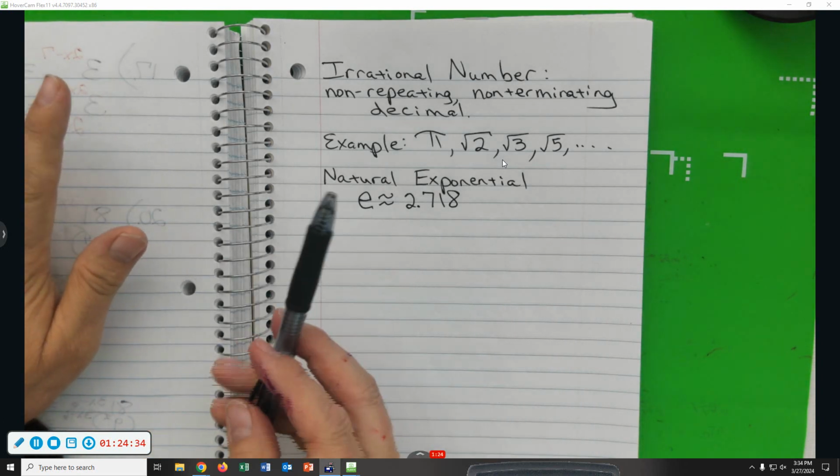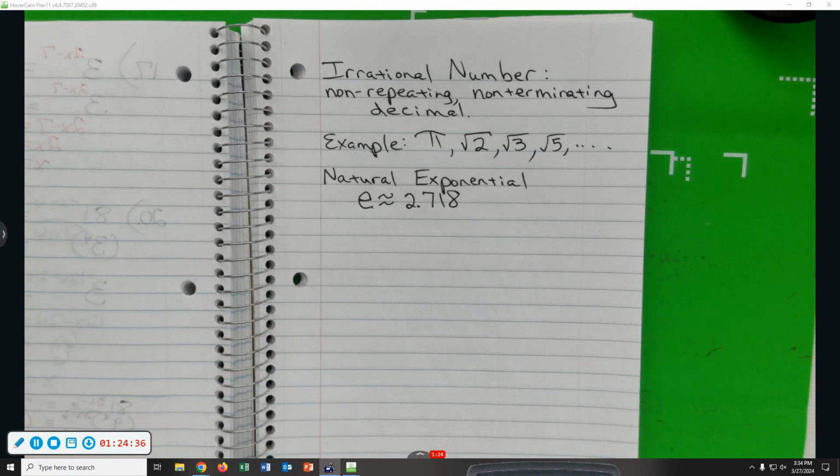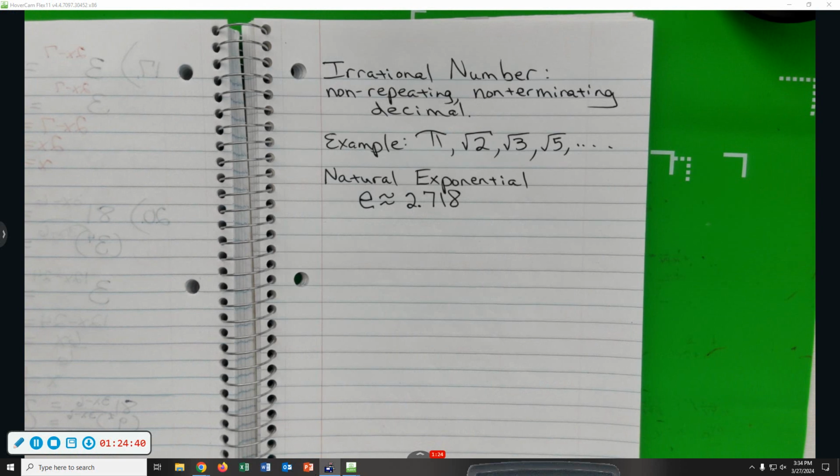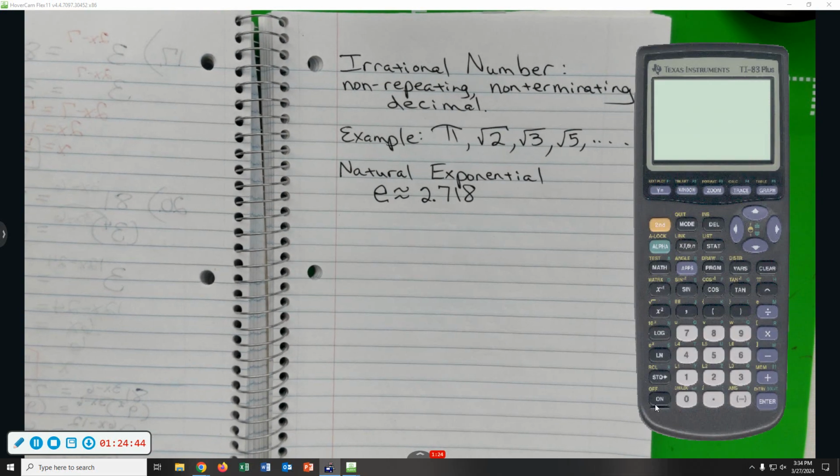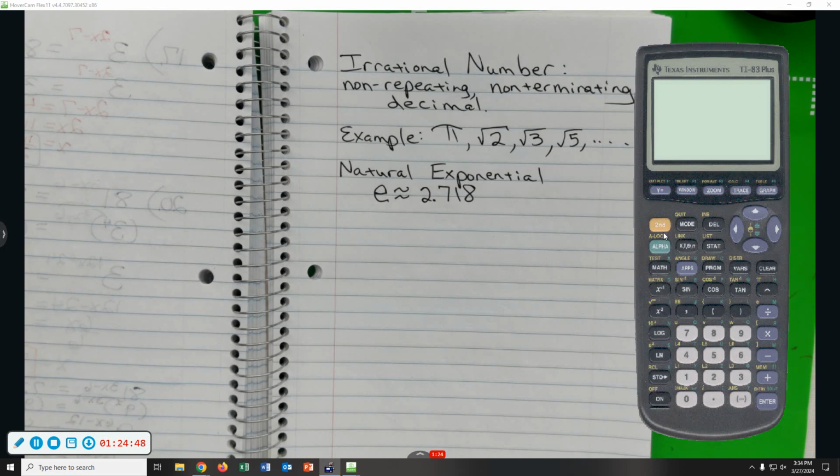For a moment it looks like it's going to repeat the same block of digits over and over, but eventually the digits start appearing randomly.